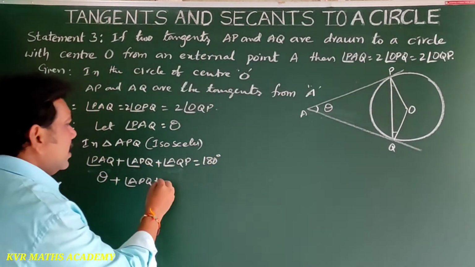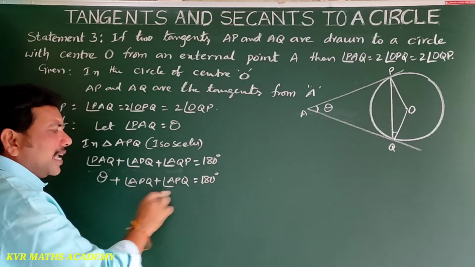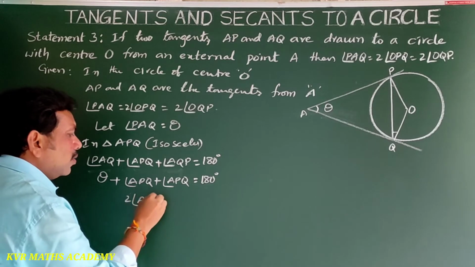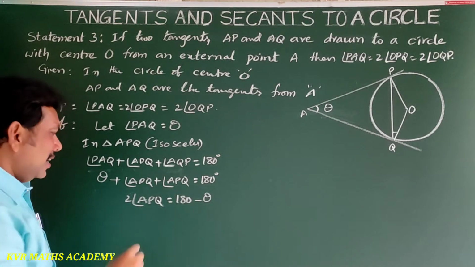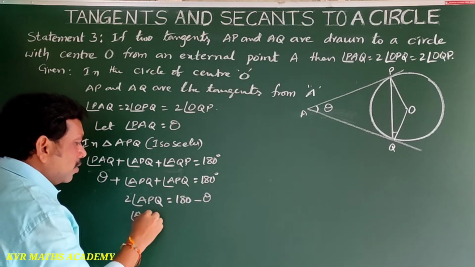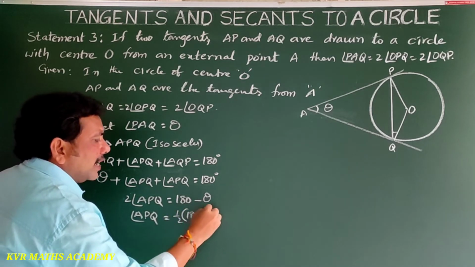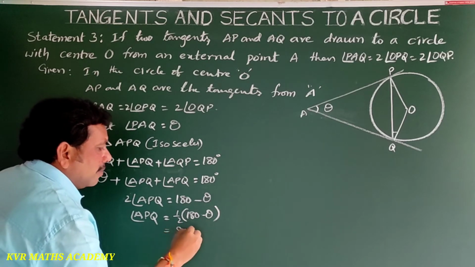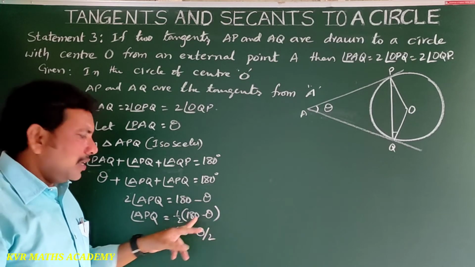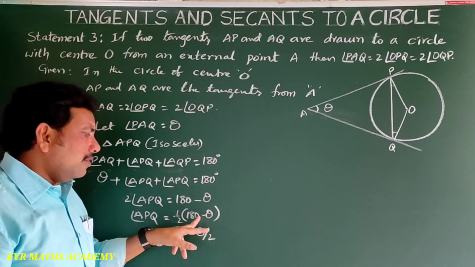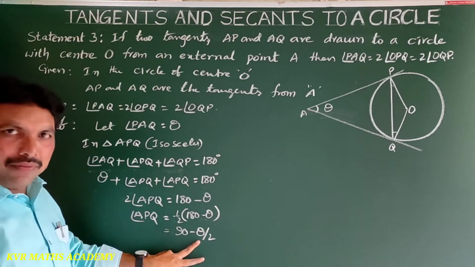So theta plus 2 angle APQ is equal to 180. Transfer theta to this side: 2 angle APQ is equal to 180 minus theta. So angle APQ is equal to 1 by 2 into 180 minus theta. 180 by 2 is 90, and 1 by 2 into theta is theta by 2.